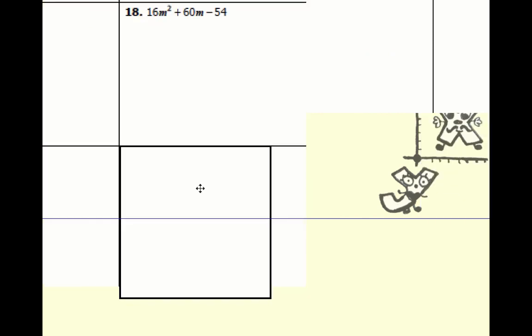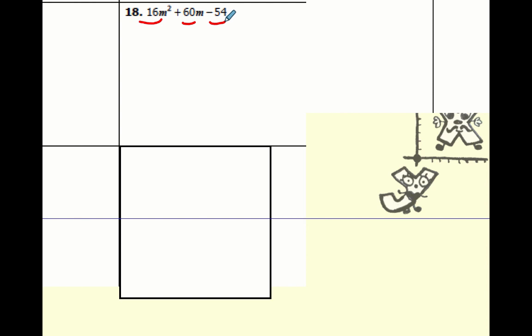Now let's look at number 18. So remember, the first thing we always want to do is look for a GCF. I see that my terms are 16, 60, and 54. Well, I know that 16 is divisible by 4, but 54 is not. I know 54, in addition to being divisible by 2, is also divisible by 3.